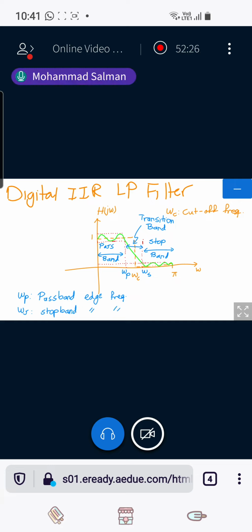And this value here, I'll call this point delta S. It is the peak value of the stop band region.